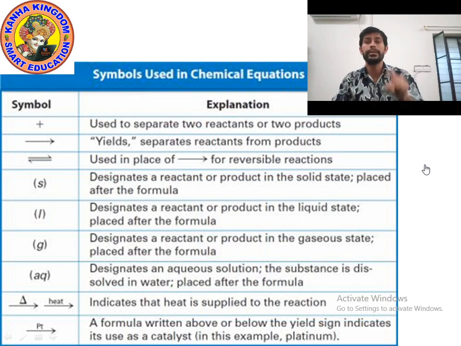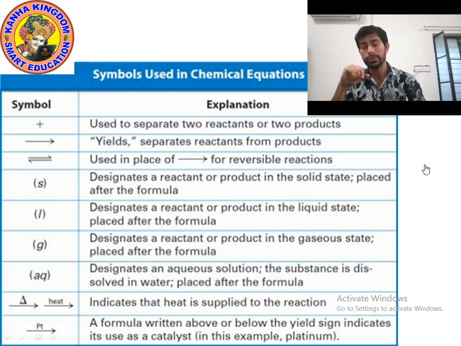Next, look, I have shown a triangle shaped symbol above the arrow. This triangle represents heat, which means heat is involved in that equation. Yes, heat is being supplied, and because of heat the reaction gives out the result. Okay, the last symbol: Pt is written above an arrow.